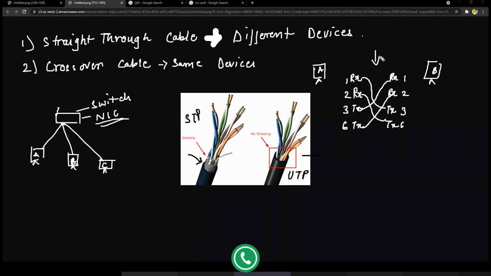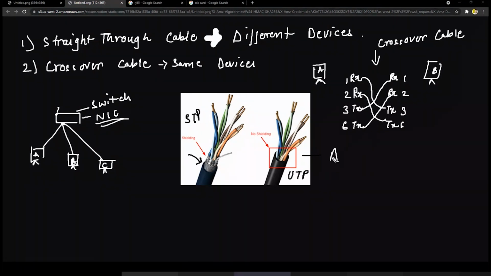So this is how a crossover cable works. Or we can say this is why a crossover cable is required between same type of devices. So that when PC A transmits any information from pin number 3, then pin number 1 of PC B can receive it.